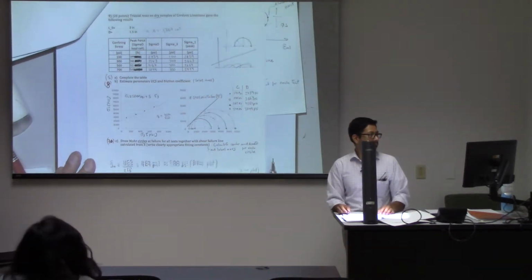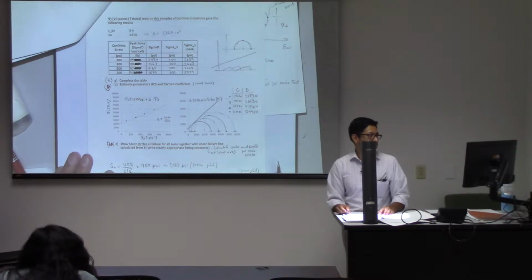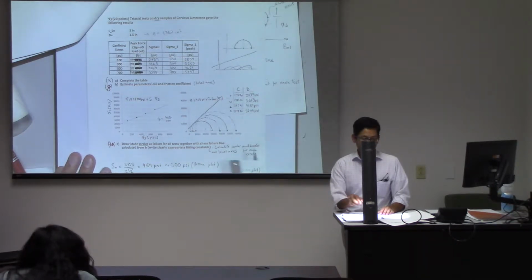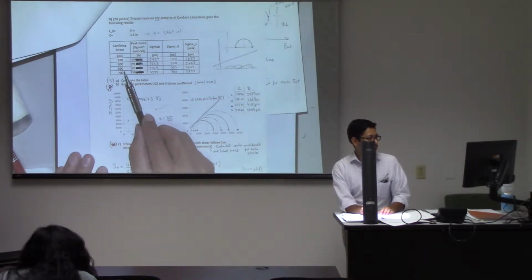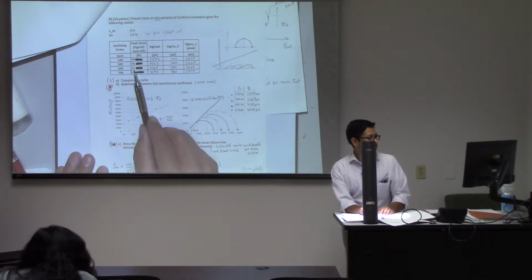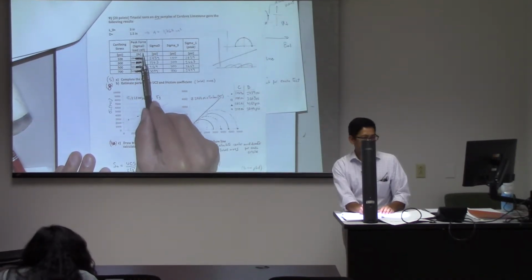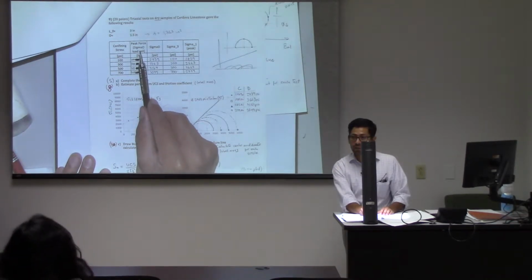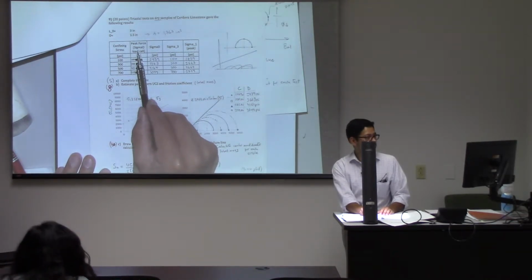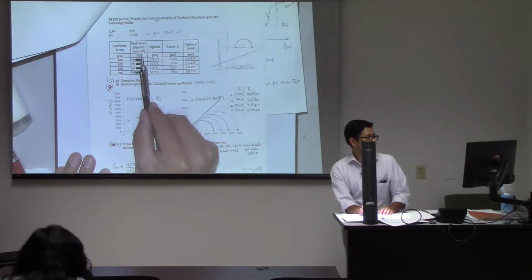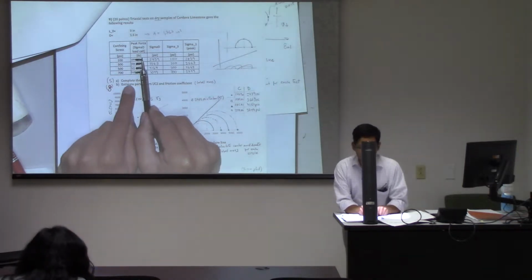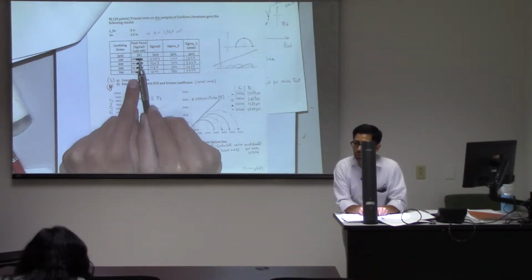This is a problem of triaxial tests. Okay? You have the confining pressure or confining stress, the same thing. You have here the measurement at the load cell. So remember, this is going to give you the deviatoric stress. Notice that here you have force, okay? You don't have stress, you have force.